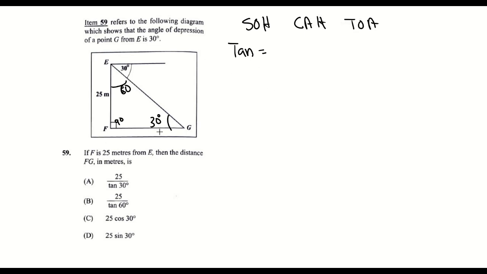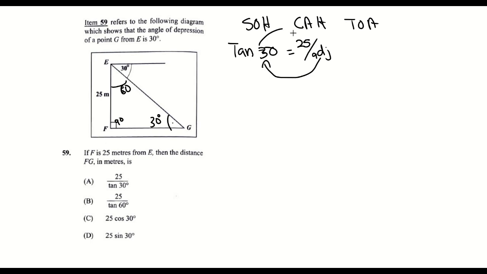Tan is my opposite over my adjacent. So I have tan 30. If I'm using tan 30, my opposite would be 25 over my adjacent, which is what I'm trying to find. And I want to make the adjacent the subject, because that is what I'm trying to find out.